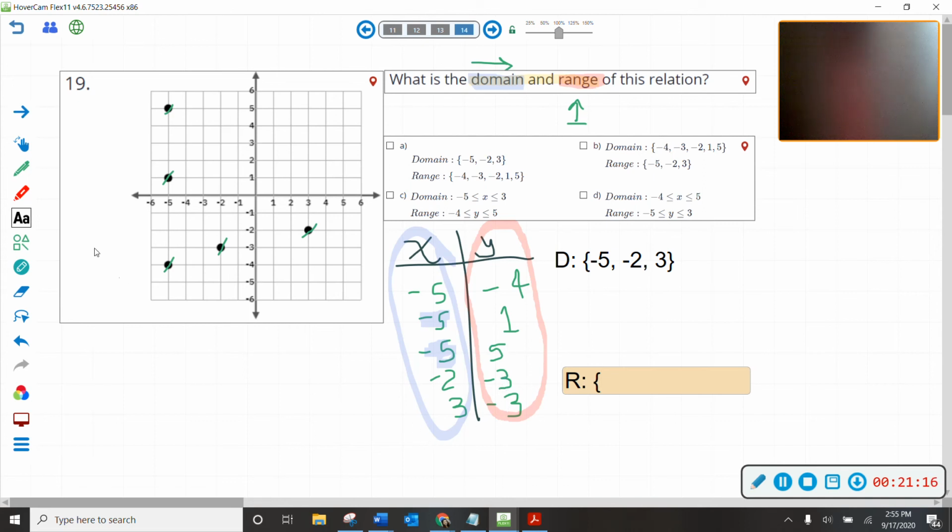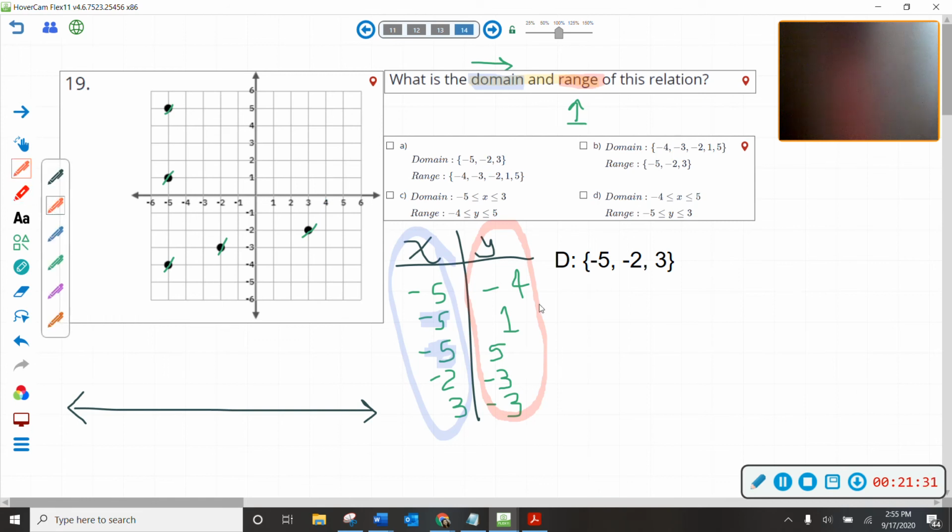Now, if you need to, you could always draw a number line. Or you could even cheat and come over here and fill them out, because -4 would be over here, and then 1 would be all the way over here. 5 is over here.